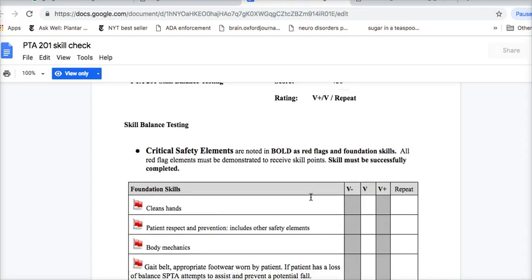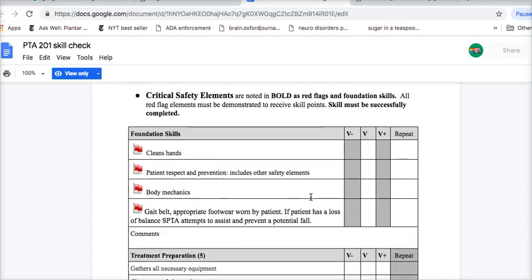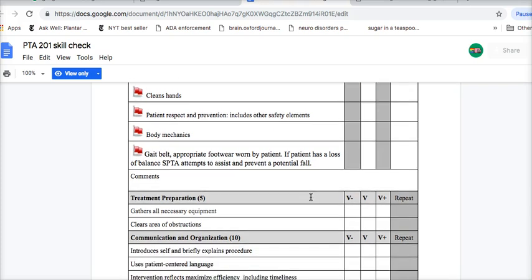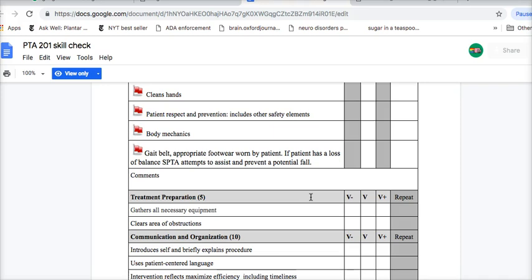So, red flags are pretty apparent. You've got to wash your hands and show evidence that you washed your hands, like you did with skill checks before, and that you respect the person you're working with, even if it's a classmate or a friend, and that you use person-first language.